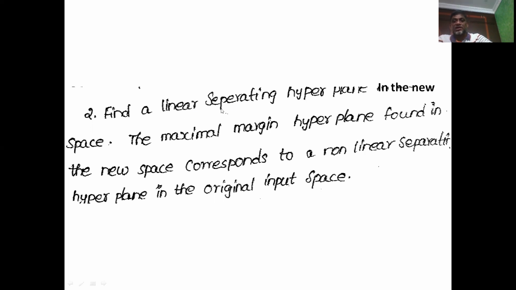So now we start finding a linear separating hyperplane in this new feature space, and the maximum margin hyperplane found in the new space corresponds to a nonlinear separability hyperplane in the original input space. Because the high dimension feature space is linearly separable, we can make use of the old algorithm, that is the linear SVM algorithm, to find that optimal hyperplane.